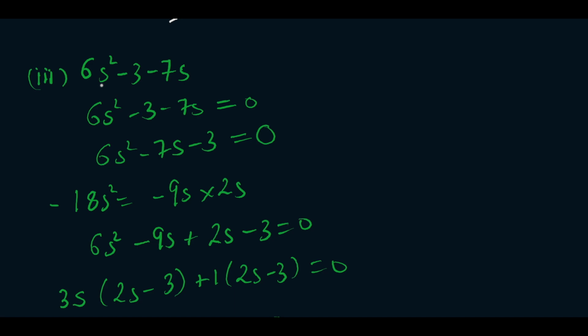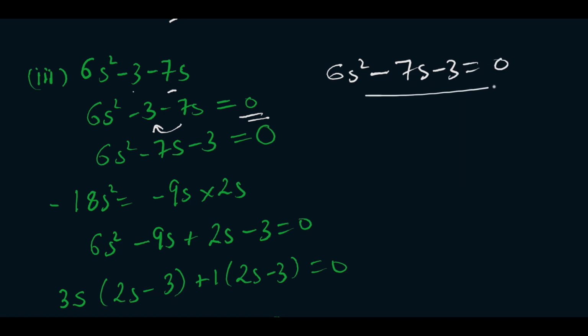Our third question here is 6s square minus 3 minus 7s. So we write it as equals to 0. Now we can move 7s to its original position so that the powers of s are in decreasing order. So we can write it as 6s square minus 7s minus 3 is equal to 0.